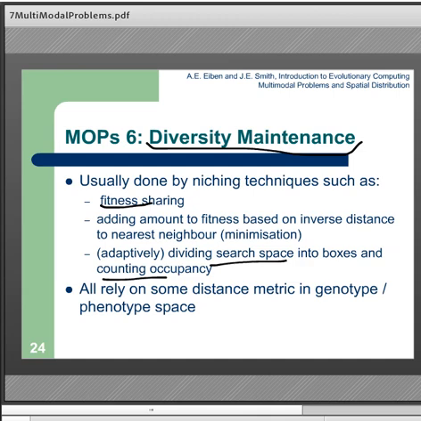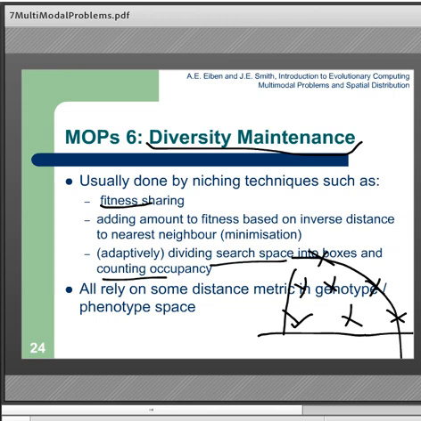So multi-objective problems can be solved by two methods, by weighting the fitness and by Pareto set. The Pareto set is a set of elements that do not dominate each other.